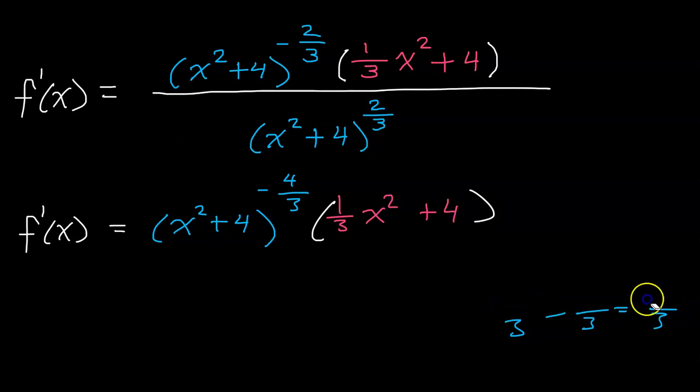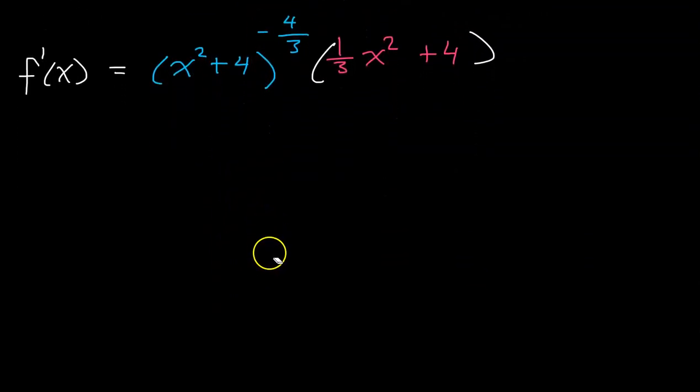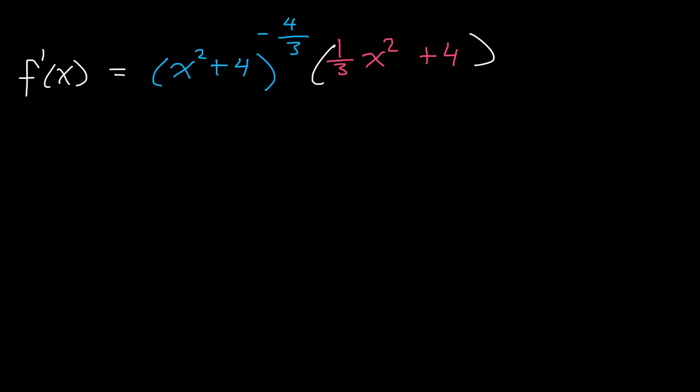So because we have this negative exponent, this blue part is going to drop down to the denominator. So we're going to end up with something that looks like this.